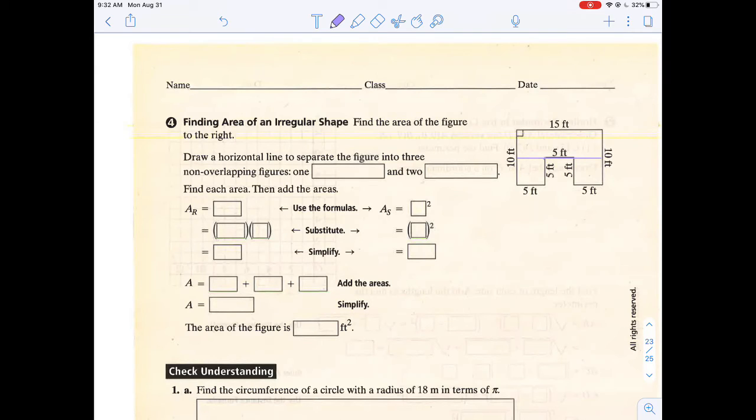1 rectangle right here. And 2 squares. And we can calculate the area of each of those. We know the area of a rectangle is base times height, and we know that the area of a square is side squared. So in this rectangle, the base would be 15.